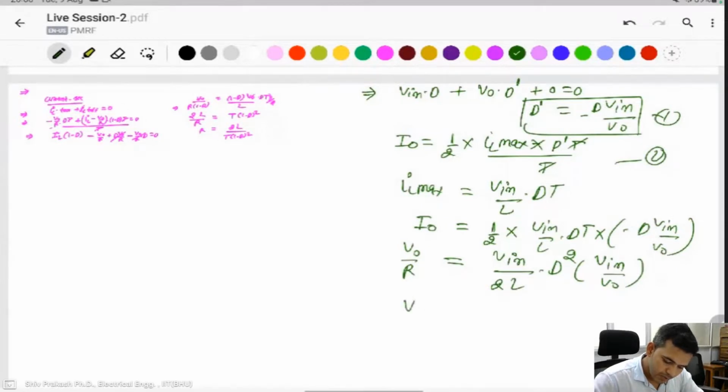Then you find V naught by V in square is equal to root of V square t also present here.